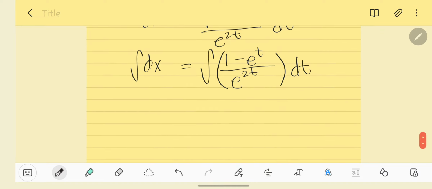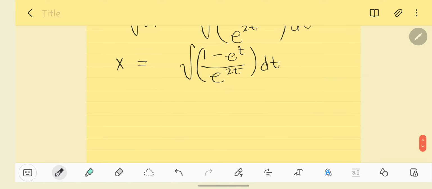So the integral of dx is equal to x, and then the integral of 1 minus e to the t over e to the 2t dt.